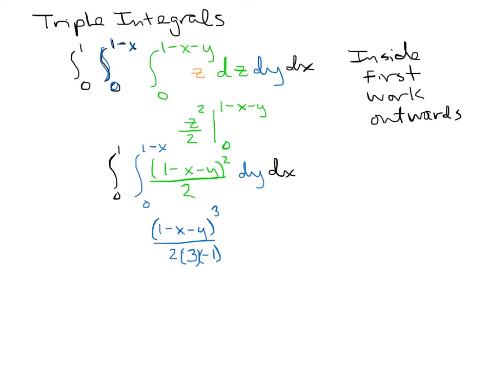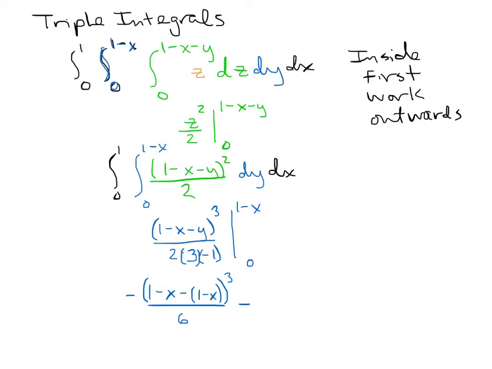So now this needs to be evaluated from 0 to 1 minus x. So when we plug in 1 minus x, we just integrated with respect to y, so we are going to plug that in for y: 1 minus x, all of that cubed over 6. I'm going to put the negative out in front of that.